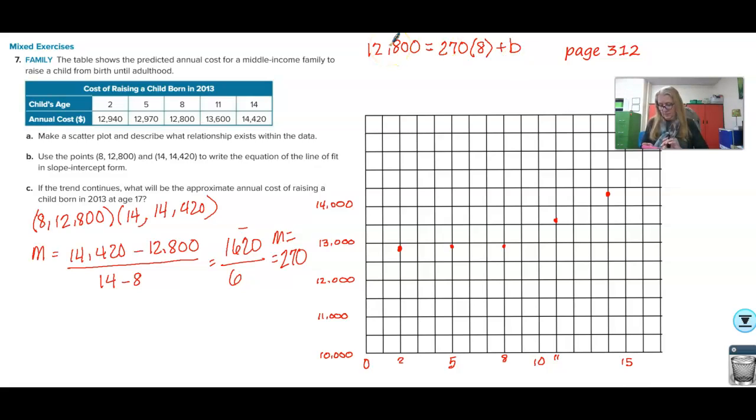Okay, 270 times 8. 12,800 equals 2,160 plus b. Subtract 2,160 from both sides, and we get that b is 10,640.